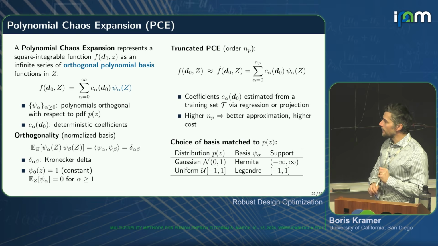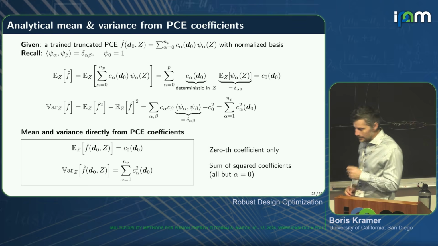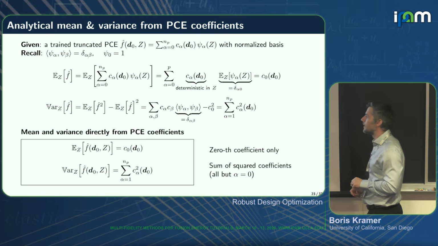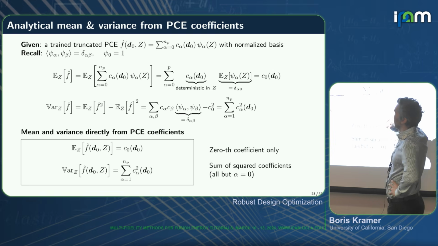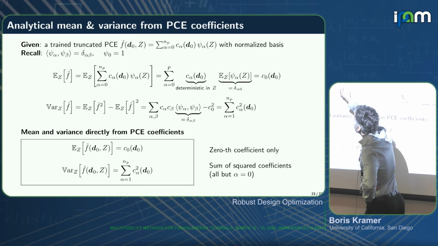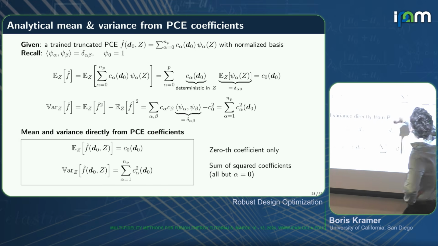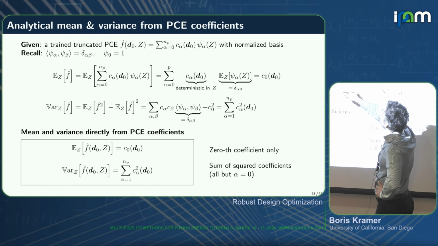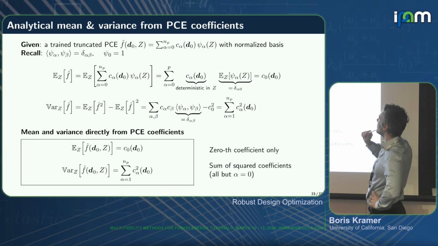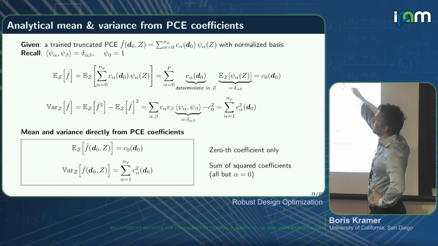That's the standard slide. But what makes them nice is, if you have a PCE trained and you take the expectation with respect to your random variable of this f hat, your PCE, due to the basis functions having exactly the orthogonality property, you're recovering this.